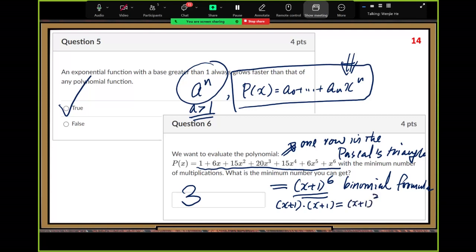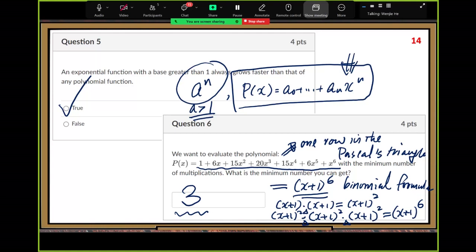Then you have the square times another copy of the square, you get x plus 1 to the 4th. Then 2 more gets x plus 1 to the 6th. Multiplication 1, 2, 3. So total 3.